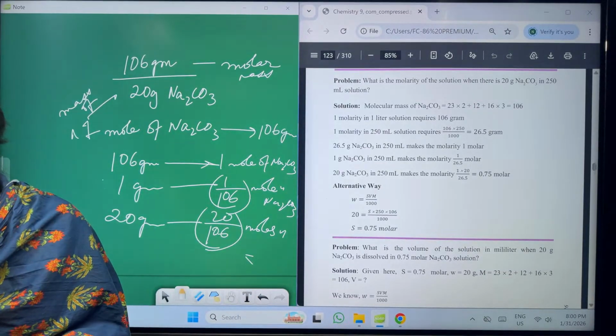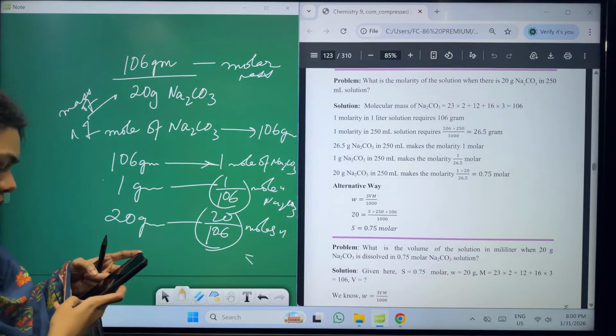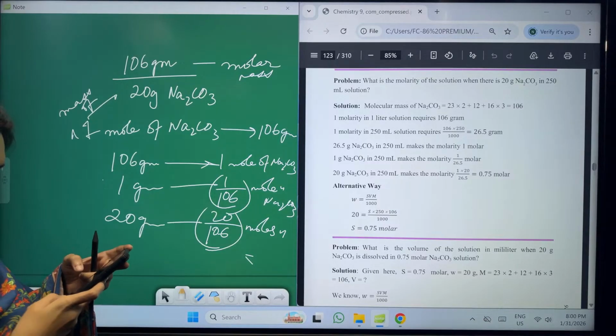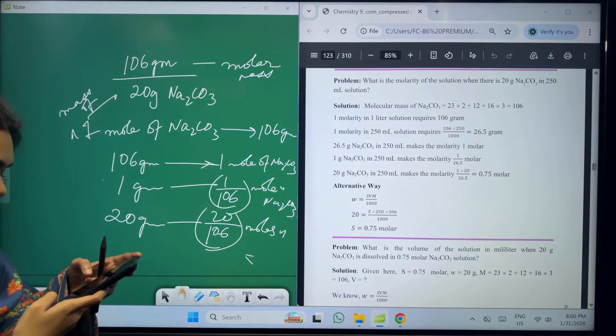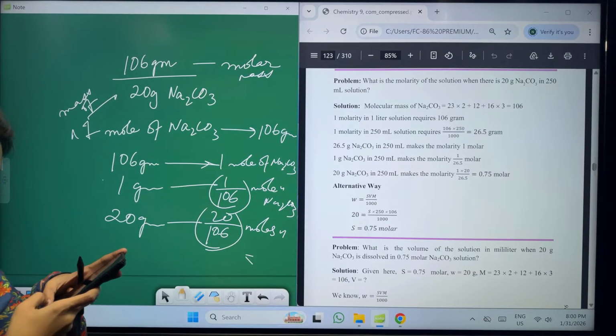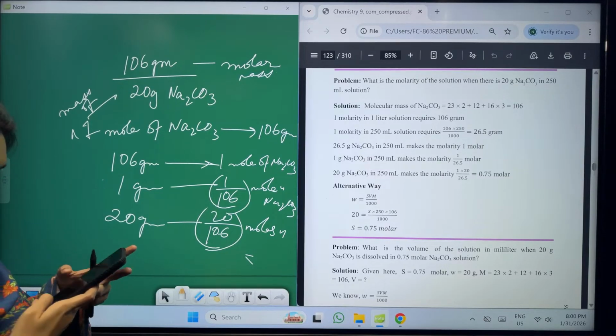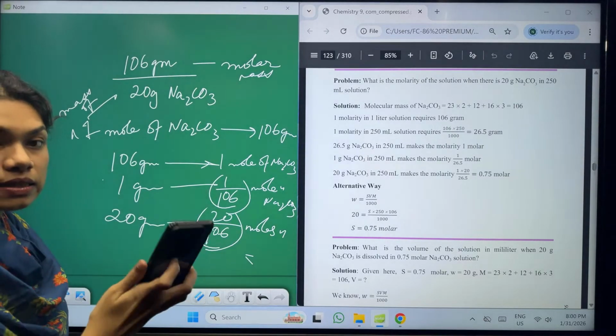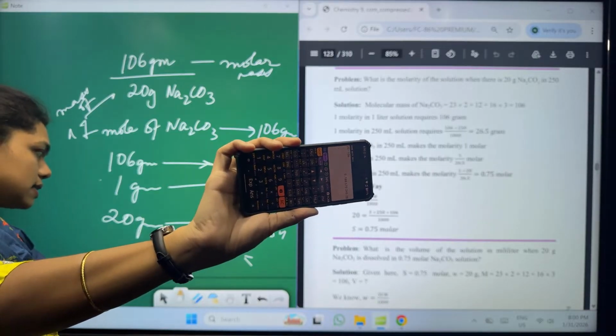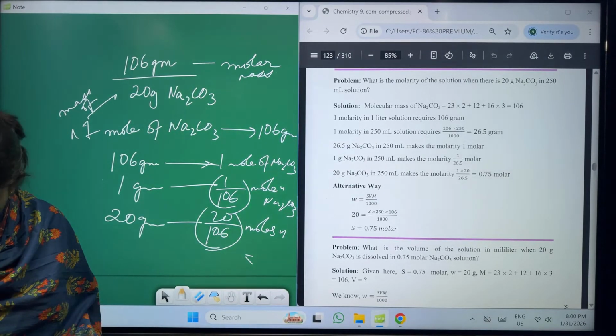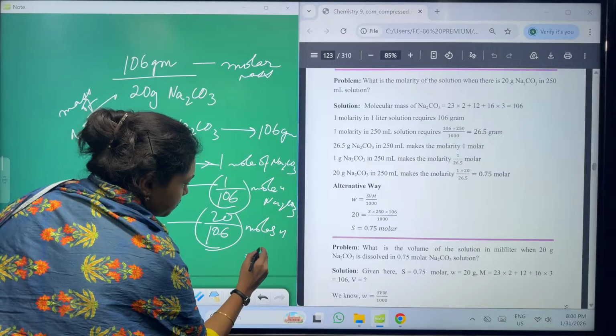So how much is that? Let's calculate. 20 divided by 106 is 0.1886.